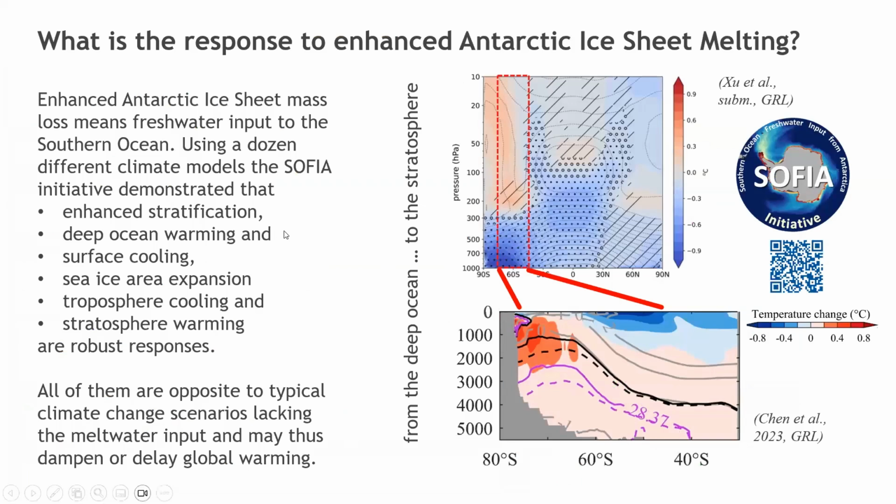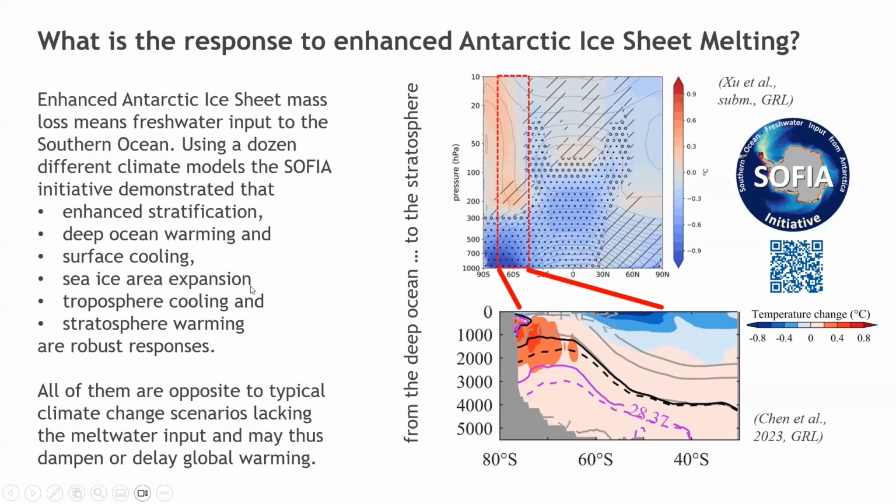This is from this particular model. Another initiative that is ongoing, many of you are aware of, is the SOFIA model intercomparison, where it's not one single model being looked at, but a whole bunch of models, more than a dozen. And a consistent response in this model is enhanced stratification, and by that deep ocean warming, as you can see on the lower right, and surface cooling, which is the vice versa effect.